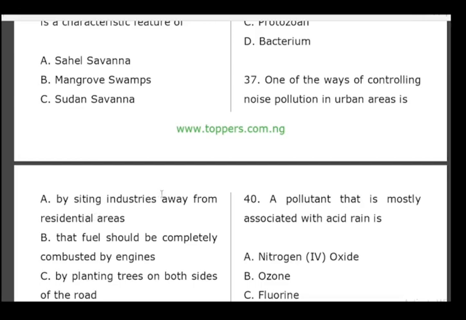That will make it less cumbersome and make the noise in that environment lower. Usage of fuel or planting of trees has nothing to do with noise pollution, and wearing ear devices will also not limit noise pollution. So the answer there is option A, which is by siting industries away from residential areas.